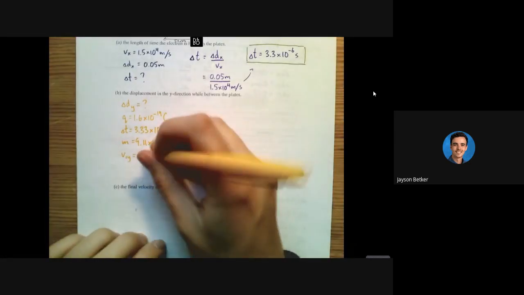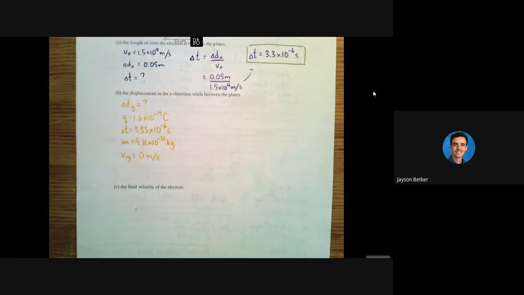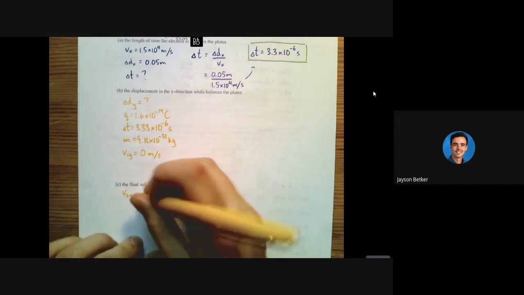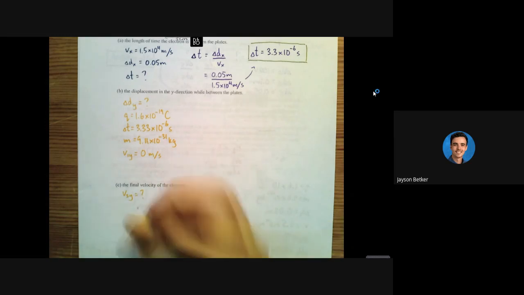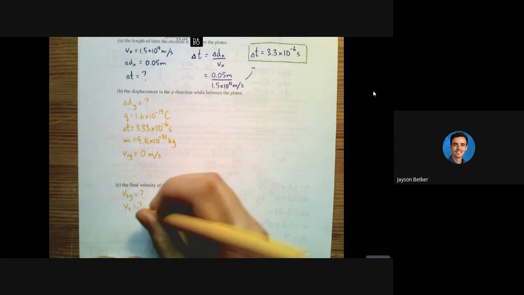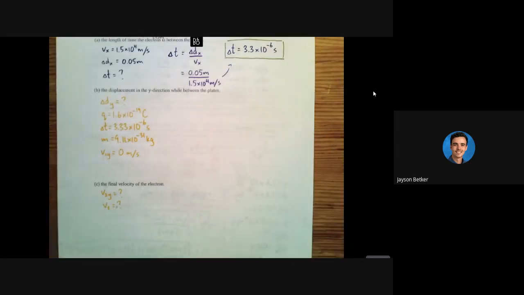So my initial velocity in the y direction is 0 meters per second. Eventually we're going to want to find v2y, and then we're just going to want to find v2. That's when we combine the x and the y. Anyways, that's all the stuff that we know and we're looking for.